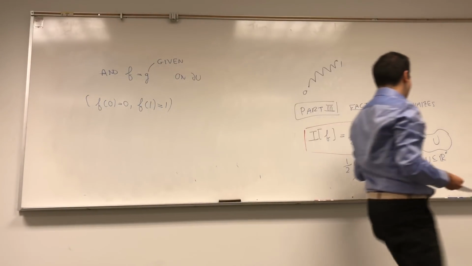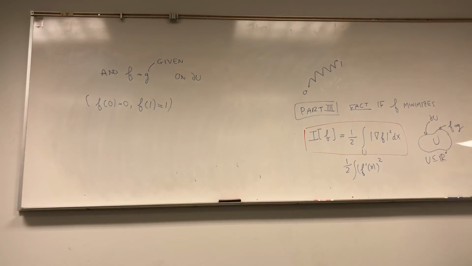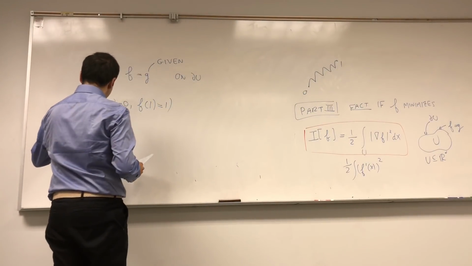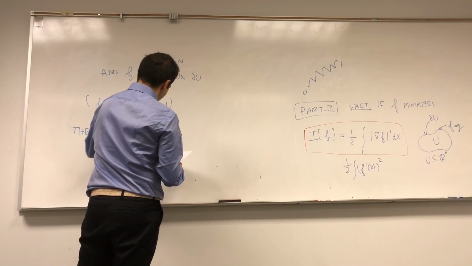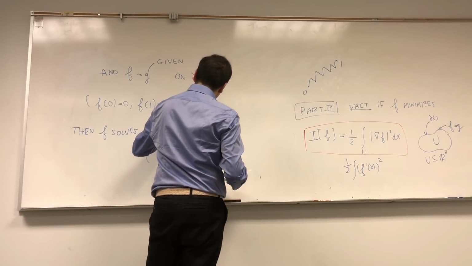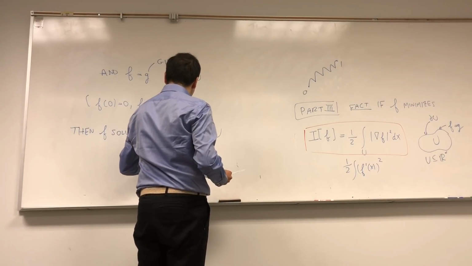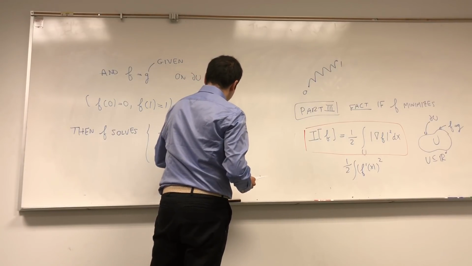So if you have your set here and you have a boundary and you impose that f equals g, some given function, then f turns out to solve a very important PDE, namely Laplace's equation. So then f solves minus Laplacian of f equals 0 in your set, and f equals g on the boundary.